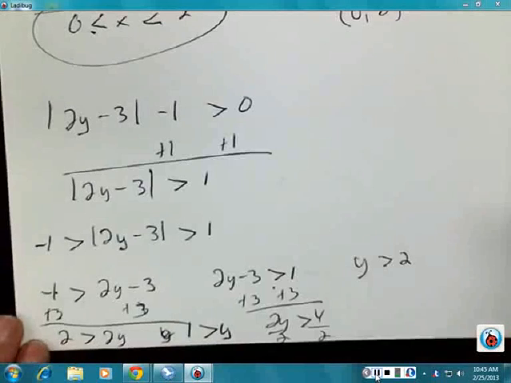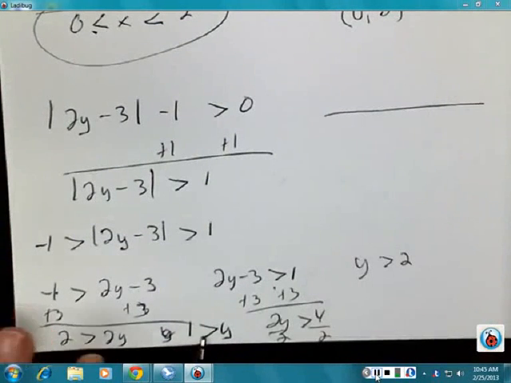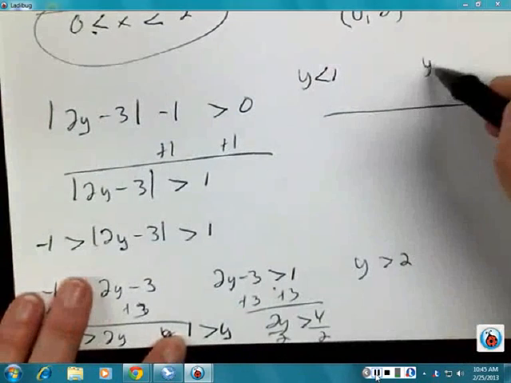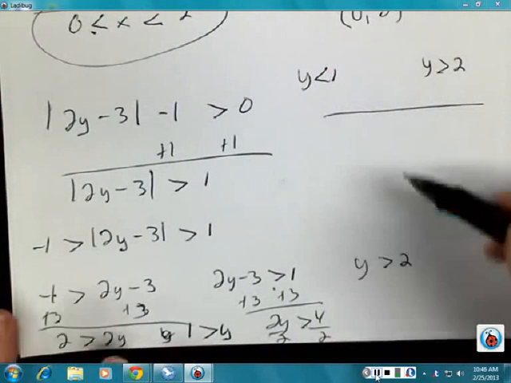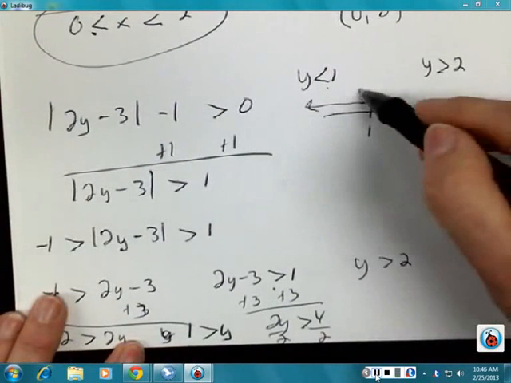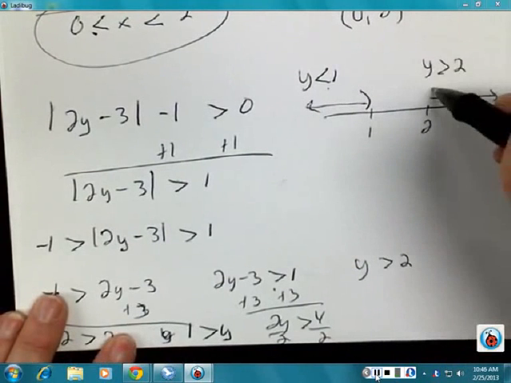What's my number line going to look like with this one though? I've got to do the opposite, so I'm going to take y is less than 1 and y is greater than 2. Because if I do my number line out, this one's heading this direction with a parenthesis. This one's heading this direction with a parenthesis.